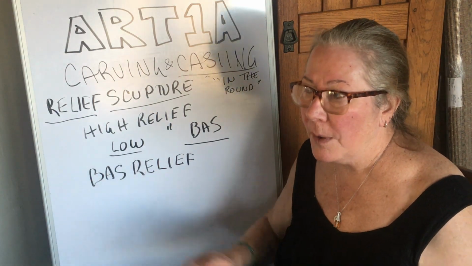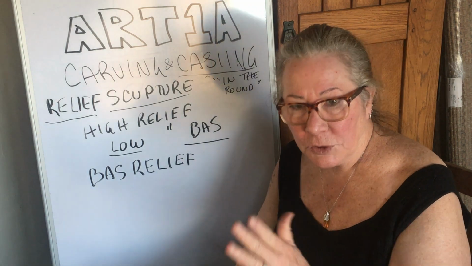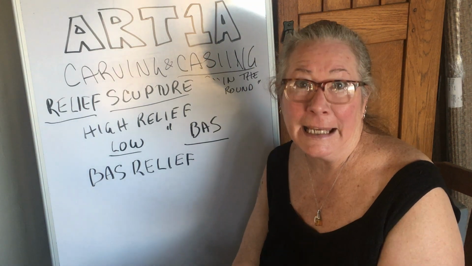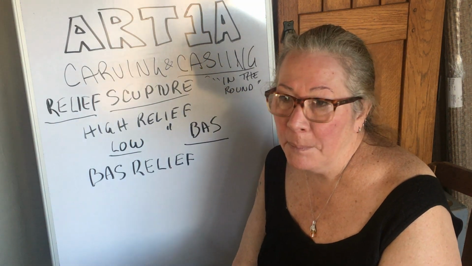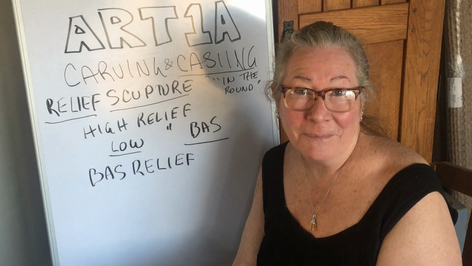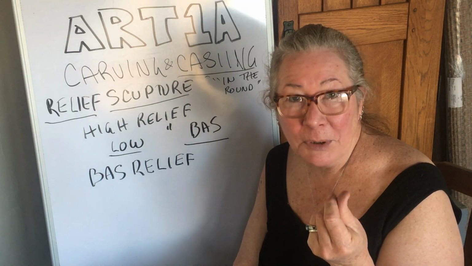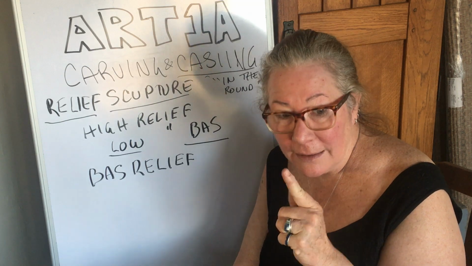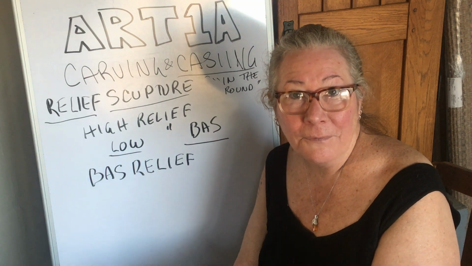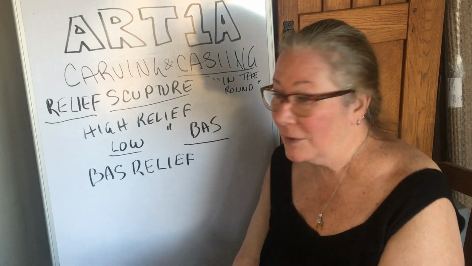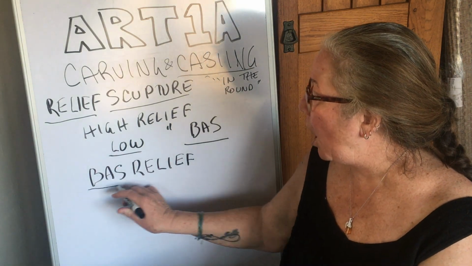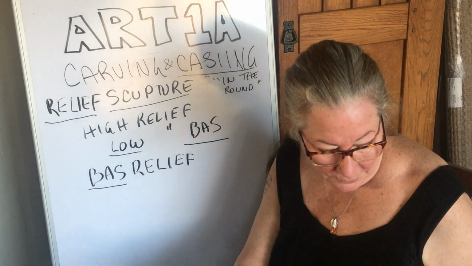There's some relief, and you can see some shape and form, but it's not sticking out a whole bunch. An example of bas relief would be a coin, right? It's pretty smooth, but there is a little bit of sculpture there. So that would be a low relief or bas relief sculpture, okay?